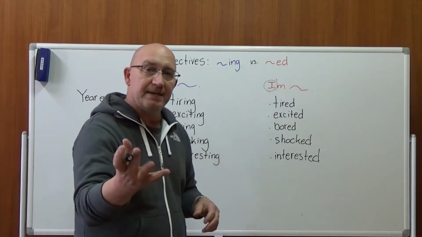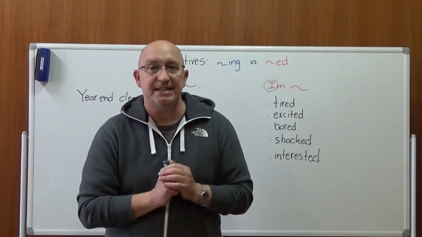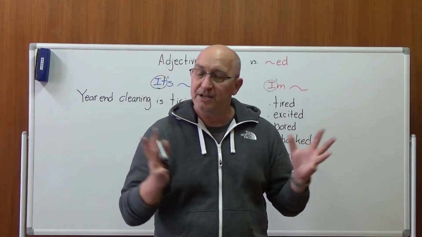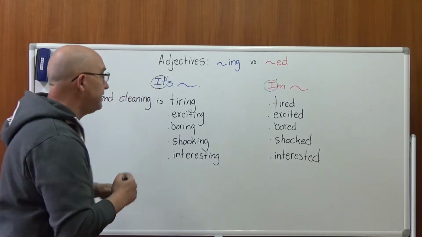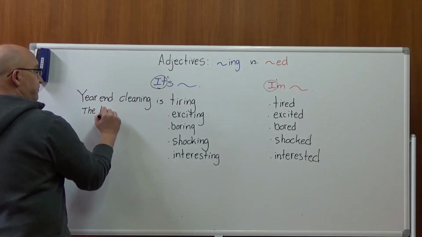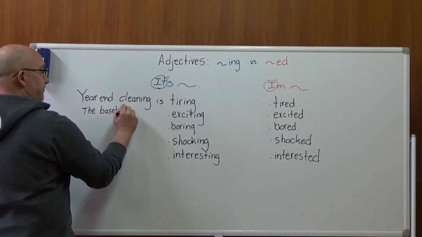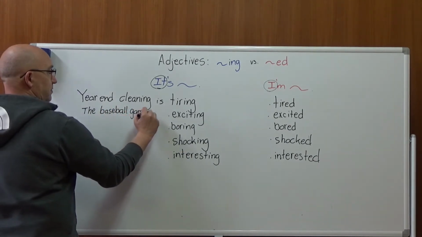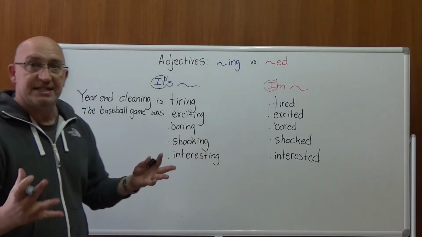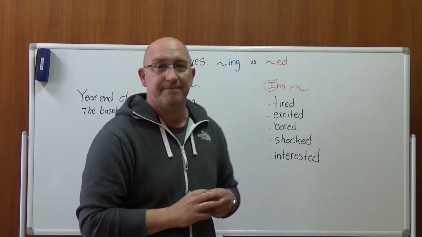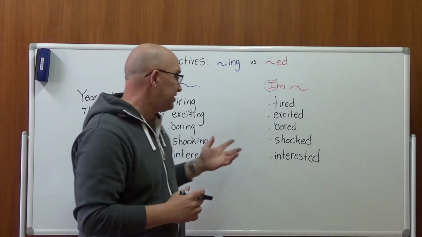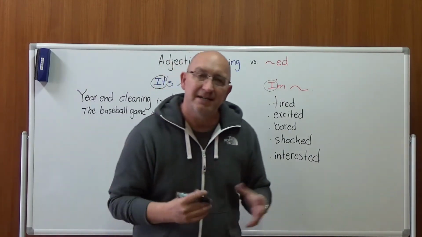Exciting. What do you think is exciting? There are, of course, many, many ideas. My idea, for example, the baseball game was exciting. Talking about boring, of course, it's tsumaranai. Boring.